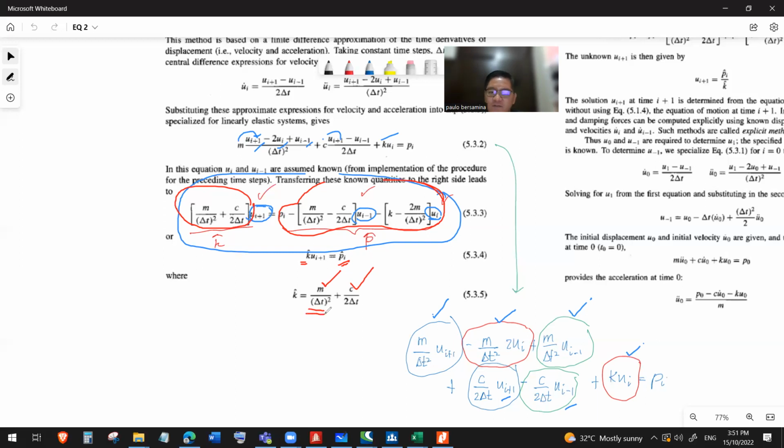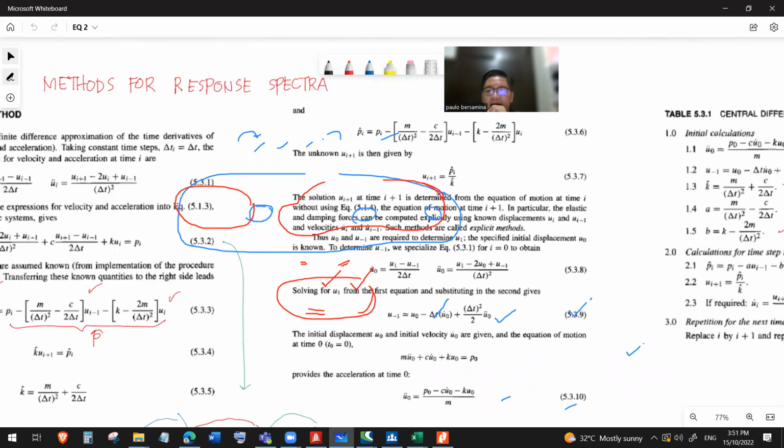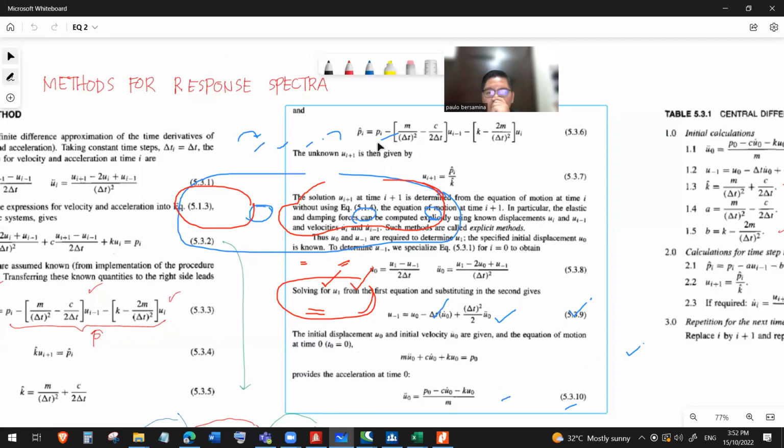Delta t is also given, no, as an analyst, ikaw magdidictate niyan, or kung ano yung delta t nung ground motion, so dyan din possible mag-depend. So basically this is already known, yung k hat at the beginning of the problem, no. What about p hat? Yan. So okay, yeah. So constant naman tong mga nasa bracket.